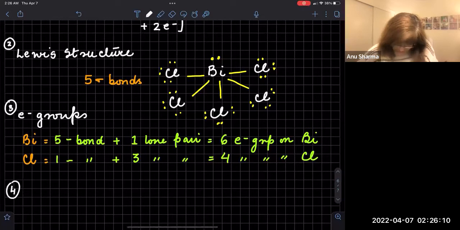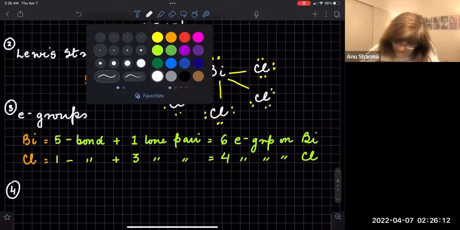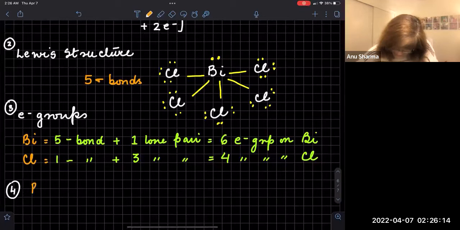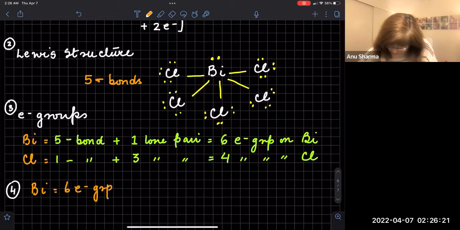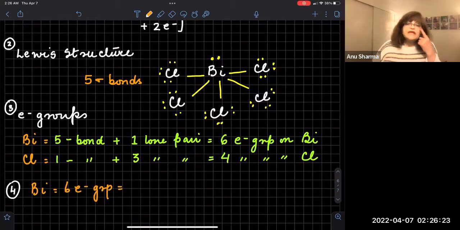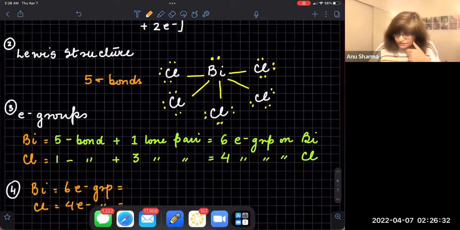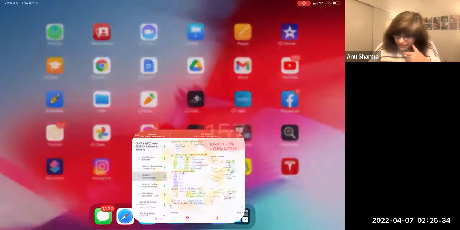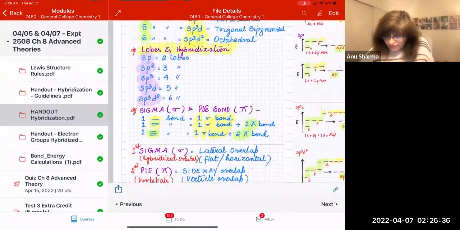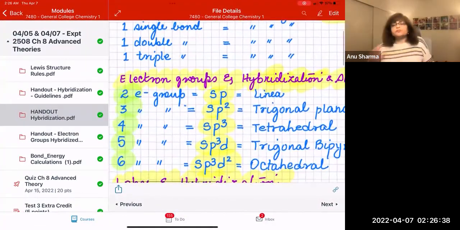Bismuth has 6 electron groups, and these 6 electron groups relate to a specific type of hybridization. Similarly, chlorine has 4 electron groups, which also relate to a specific hybridization. As we talked about, you have to match the electron groups with the hybridization.